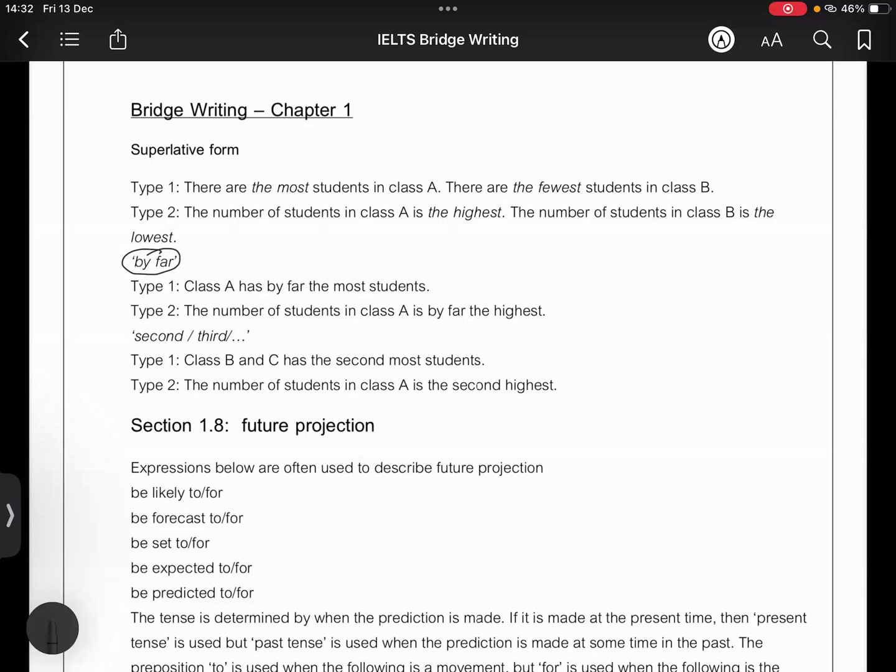So whether I add this or not, it will not make any difference in meaning. But when I add by far, it puts emphasis on the superlative adjective that I use in my sentence. So class A has by far the most students. The number of students in class A is by far the highest. Yeah, that's it.